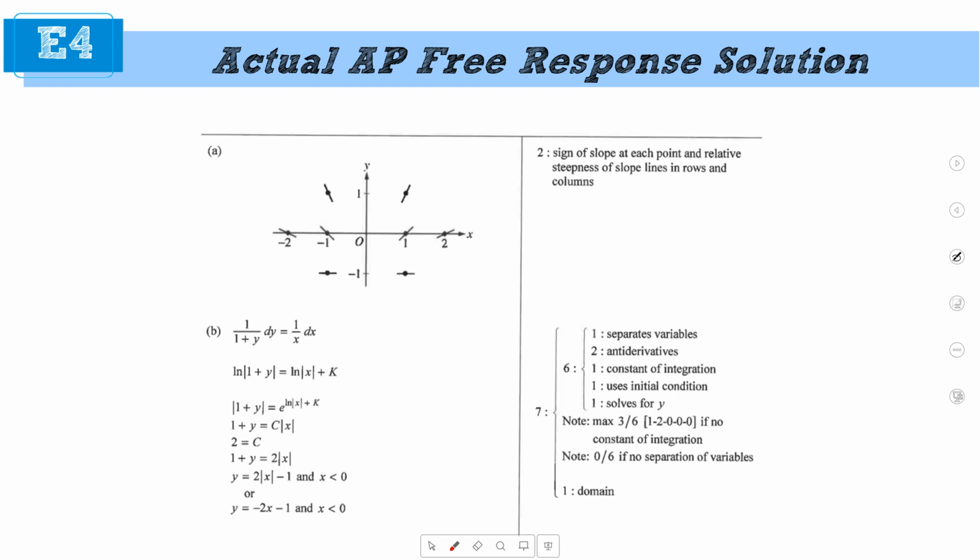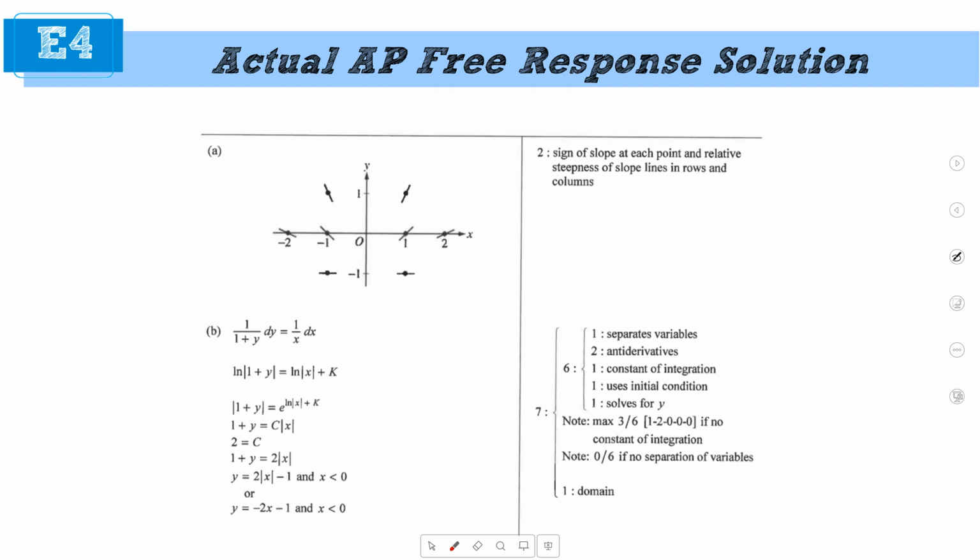And notice their comment there, sign of the slope at each point and relative steepness of the slope lines in rows and columns. Meaning, they're not going to measure that to make sure you have a slope of exactly 2. They're going to look to see that the slope is getting steeper as you move up, or that it's getting more shallow as you move to the right, or it's getting more shallow as you move to the left. That gets you 2 of the 9 points.